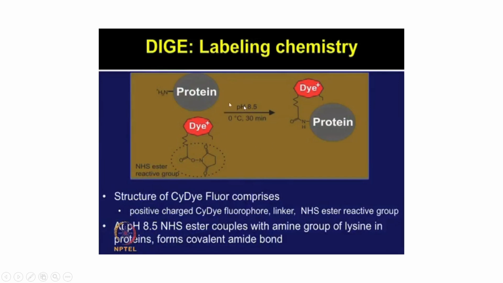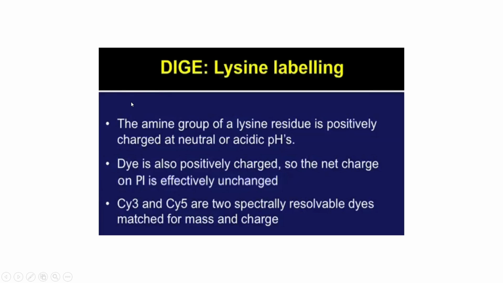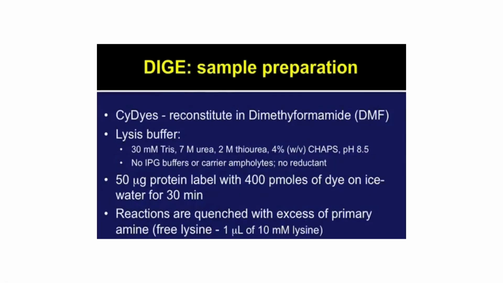It binds to the amino group of the protein. It also consists of dimethylformamide, and this is what the lysis buffer consists of, and it can label around 50 microgram of protein.